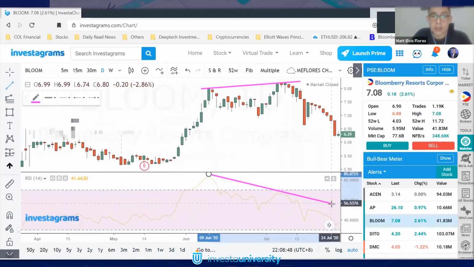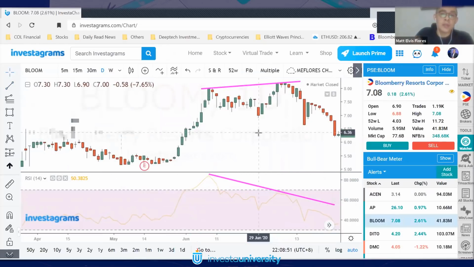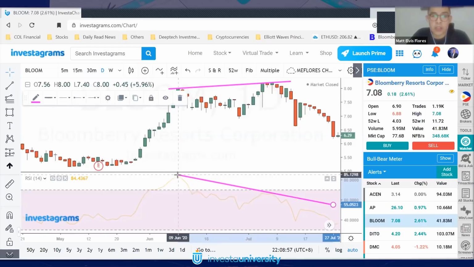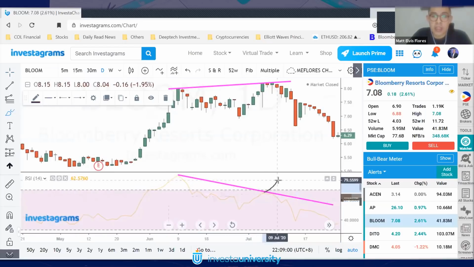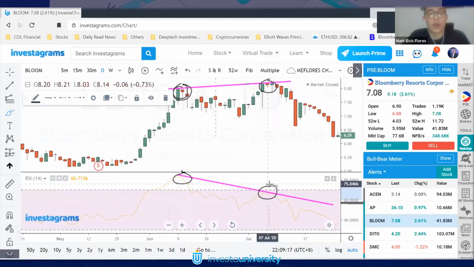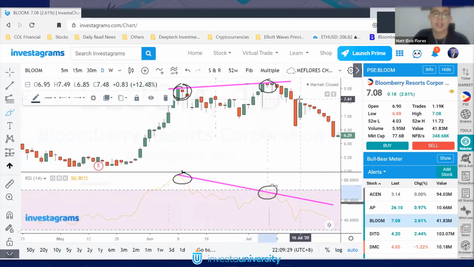The main purpose of this is that the price had shot up. It went up, and the price made a higher high. However, your relative strength index indicator made a high and then a lower high. That's what we call a bearish divergence. Meaning, your trend has matured. There's potential, potential only, to reverse downward. And what happened is, it fell.